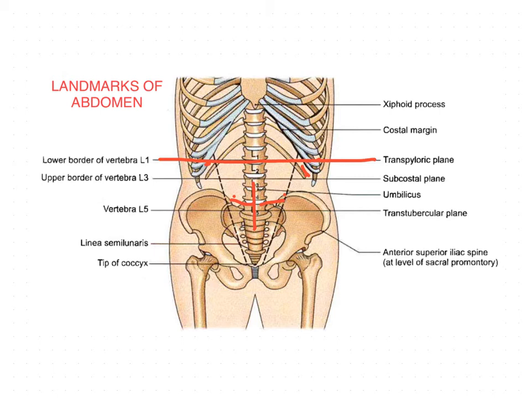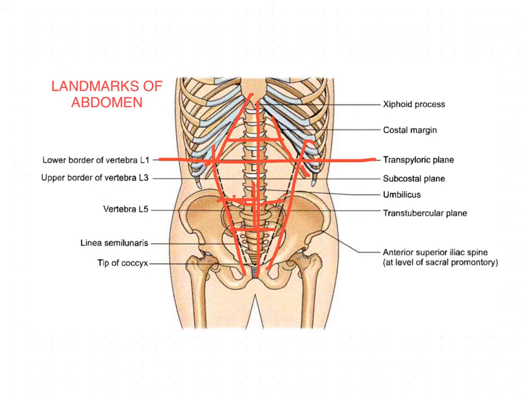I have told you that the anterior abdominal muscle, the rectus abdominis, is normally called the six-pack muscle, and it has these sections. We are going to see them in detail with the origin and insertion of the rectus abdominis muscle.